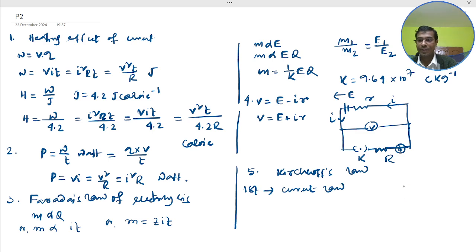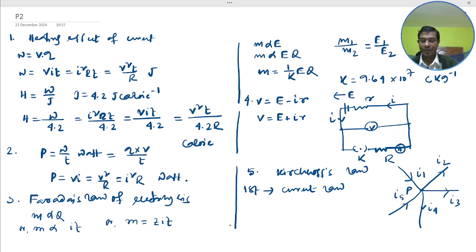Suppose this is junction P and the currents: I1 incoming, I2, I3, I4 outgoing, I5 incoming. It says that in any circuit at any junction the sum over I is equal to 0.